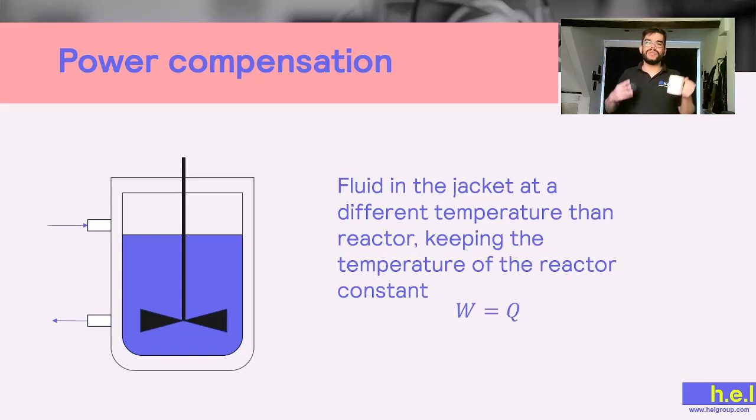And we want to keep the temperature stable, so that means that as the reaction is progressing, it's going to either produce or absorb energy, which means that if it's producing energy, the power supply that is heating the jacket has to stop, so the temperature inside of the jacket doesn't go over. The energy that the supplier is not giving the jacket is going to be the same energy that the reaction is producing.